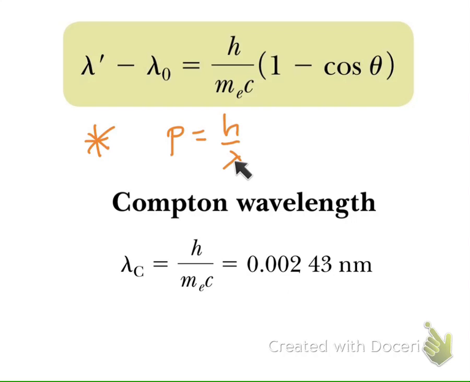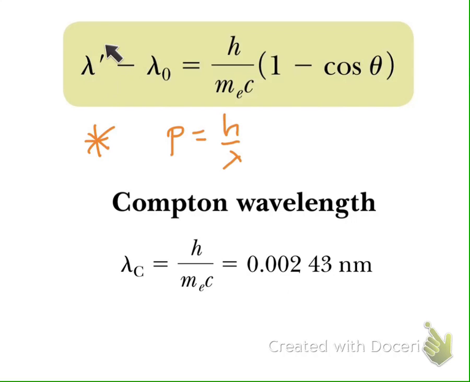From this concept and relativity theory, Compton gave the relation between the incident wavelength and the wavelength of the scattered light.